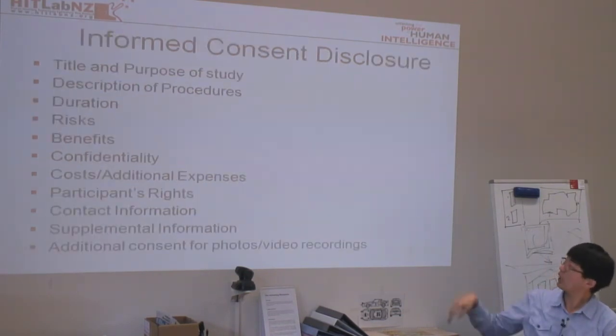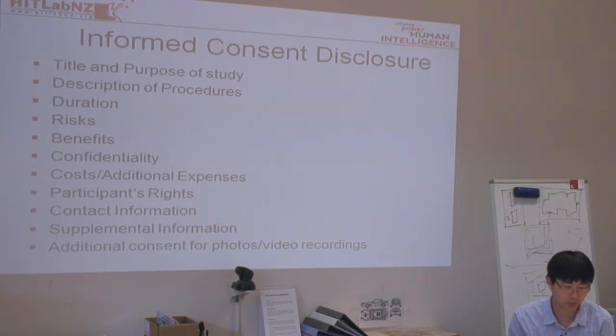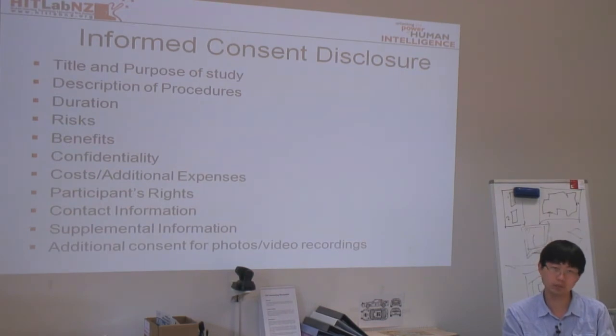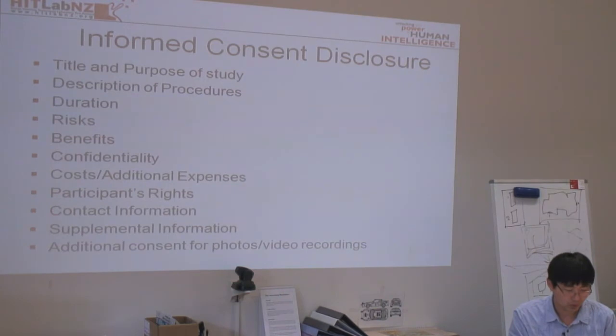So this is some information you might consider or want to include in the informed consent: some title, purpose, and so forth, how long it will take, what kind of risks or benefits they will have, and how you'll be taking care of your user information, so how you will make sure the privacy is not breached, and also what kind of participant rights they have, and some contact information so that they can ask some questions later on, and so forth.